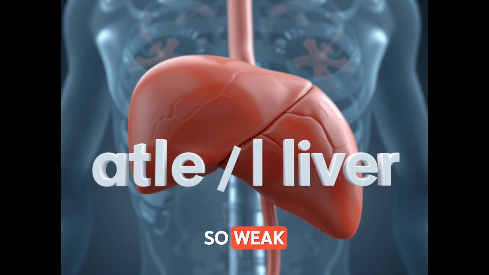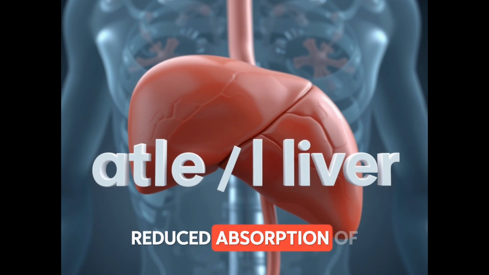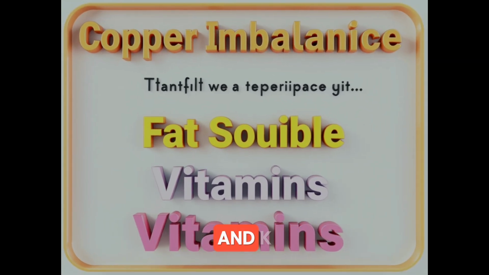Weak tight junction proteins in the gut will impair bile flow as a result of the copper imbalance, therefore leading to reduced absorption of vitamins A, D, E, and K. Without all of those fat-soluble vitamins, and due to a copper deficiency, that's going to cause a lot of different problems.